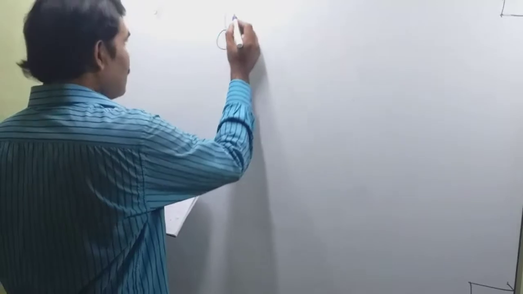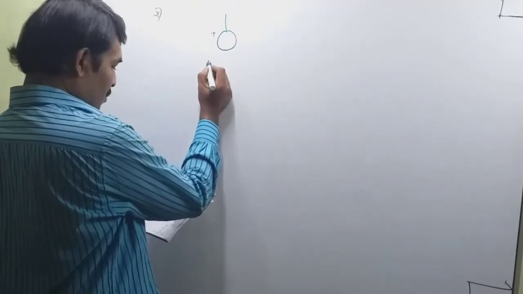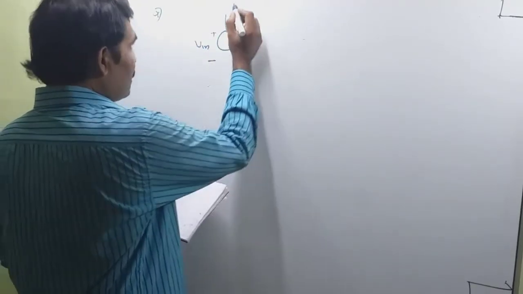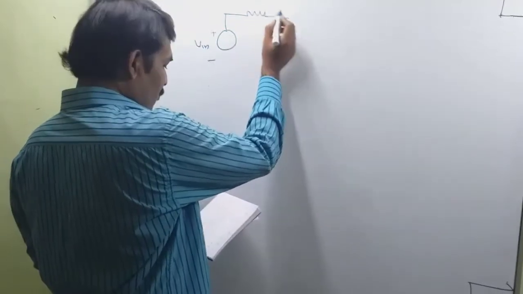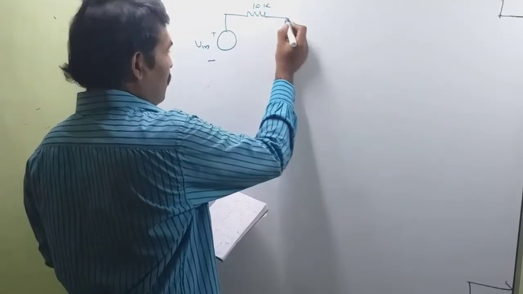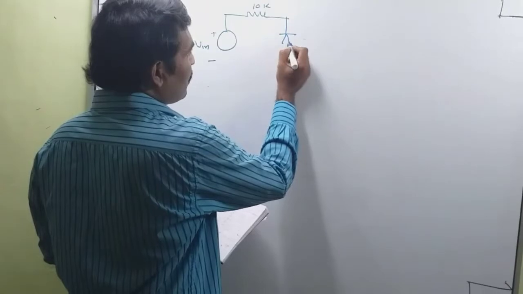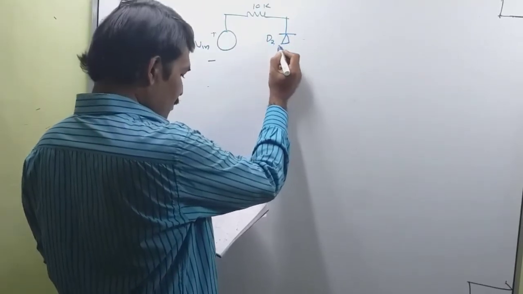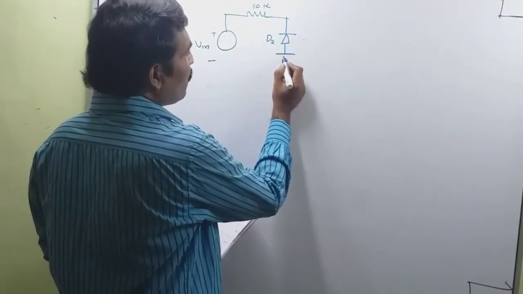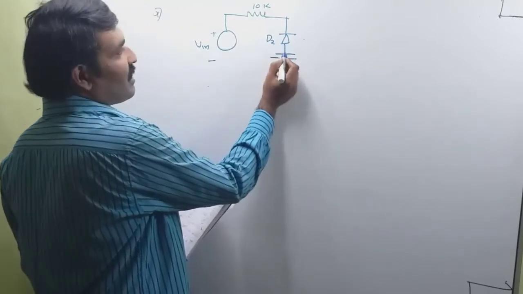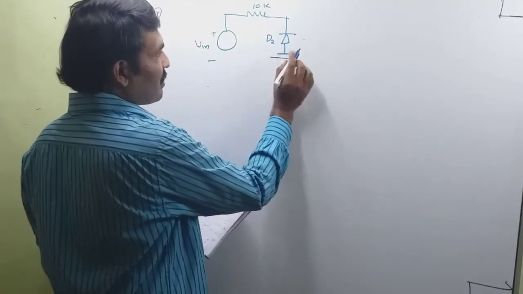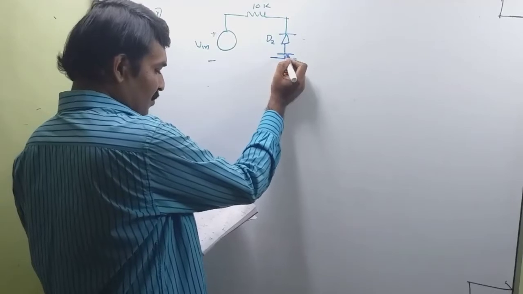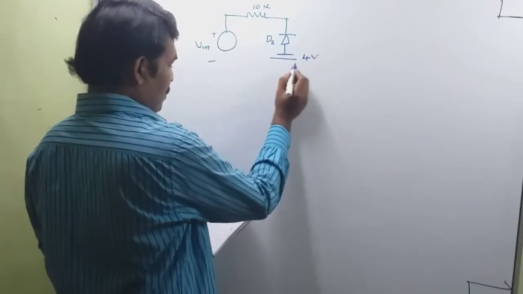Now consider a circuit. This is our input voltage, V input, connected to a resistance of 10k ohm, and there is a diode designated by D2 connected to a voltage source. The anode is connected to the negative terminal, and the voltage across the battery is 4 volt.